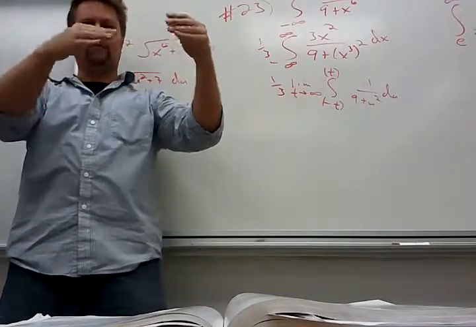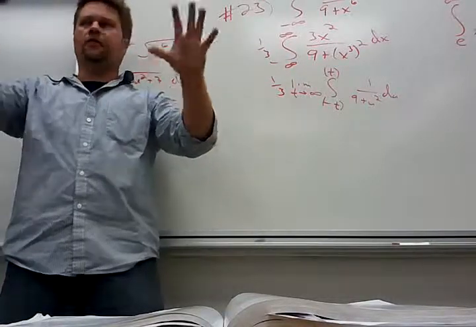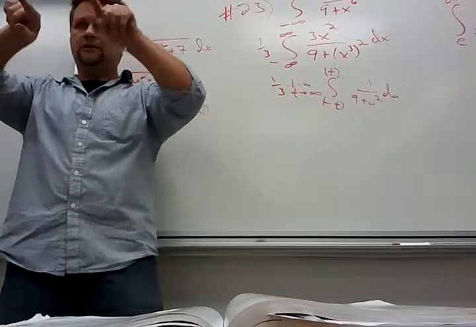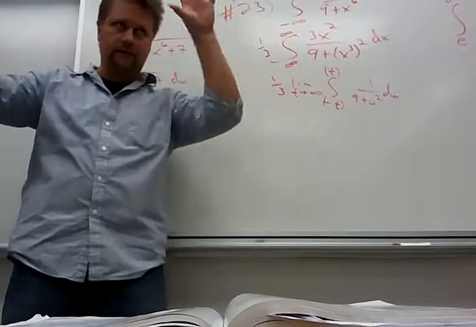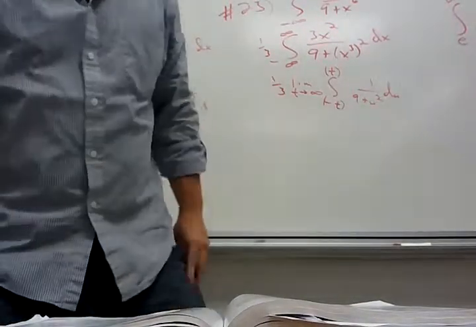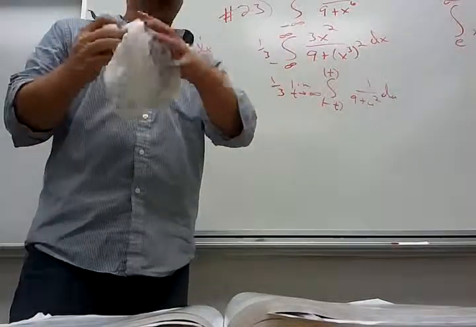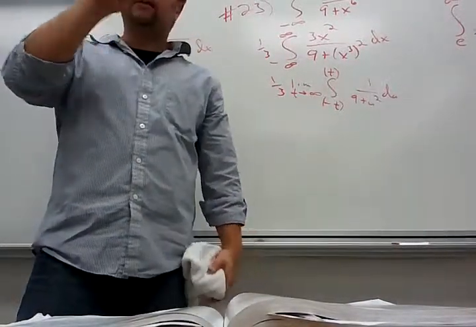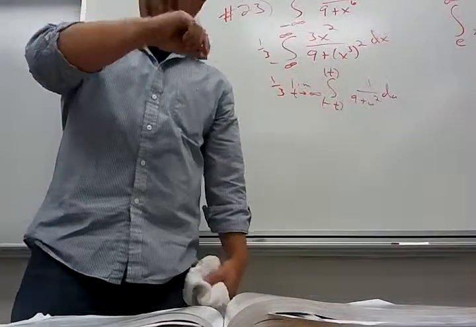So if the limit from negative infinity to a, and from a to infinity, they have to separately converge. You're not allowed to just say, well, they cancel if I go out from this. No. You've got to separately converge. So we're going to eventually get to the point in chapter 11 where we're talking about the same exact idea, and we can get a little deeper into why you have to be so careful.